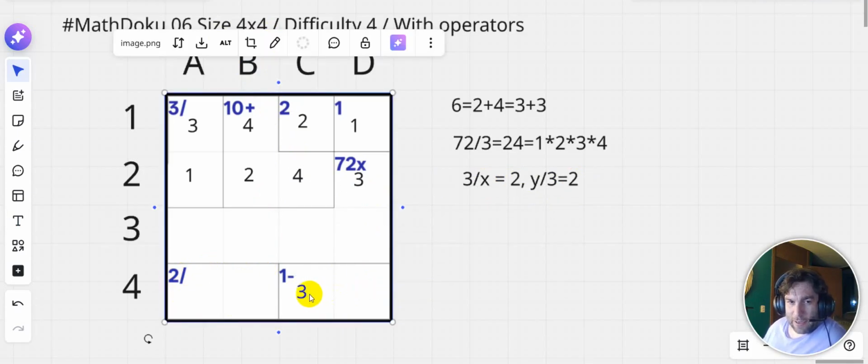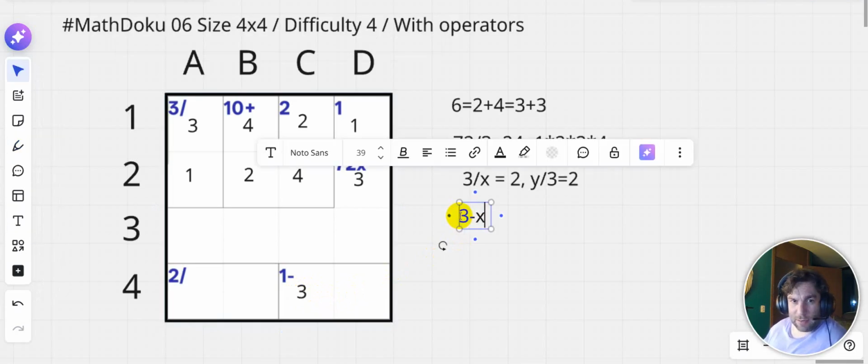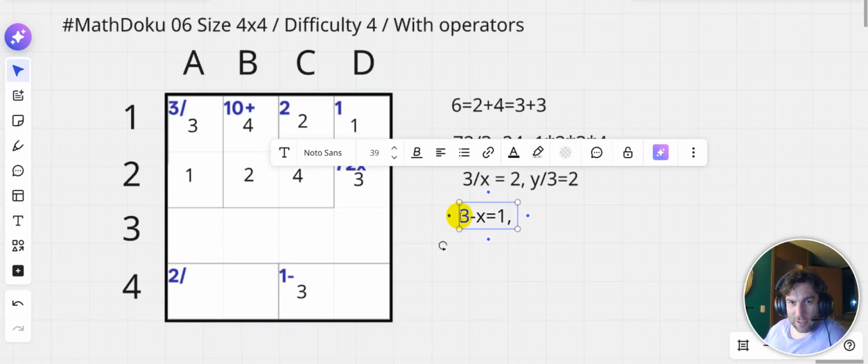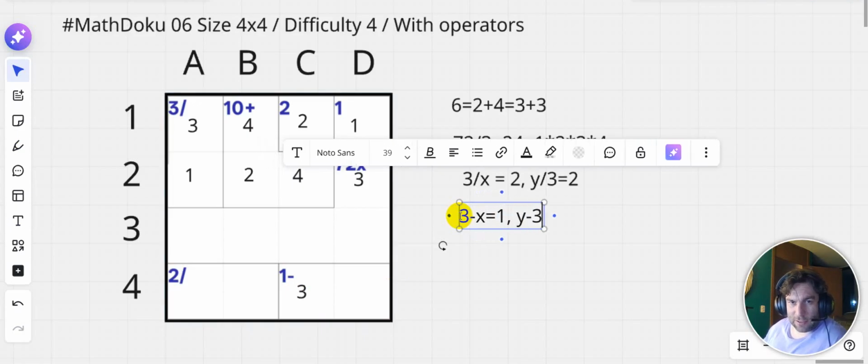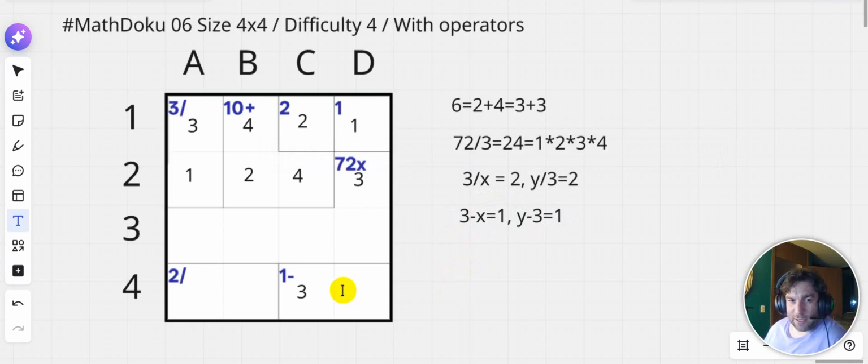Alright. If we have number 3 here and some other number here, like 3 minus something is equal to 1, or something minus 3 is equal to 1, we can see the only options we can have here would be 2 or 4.